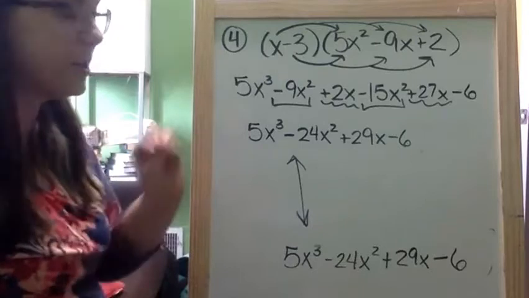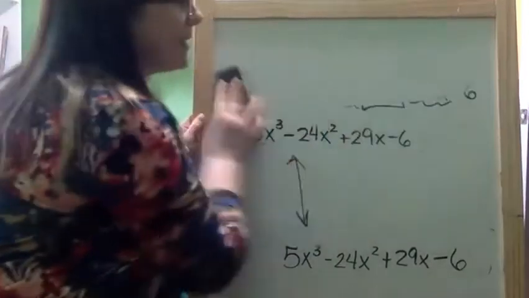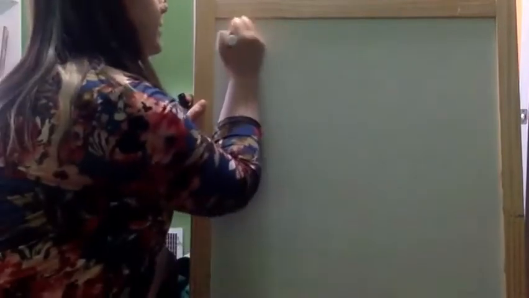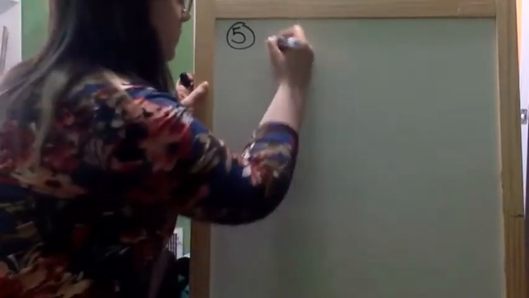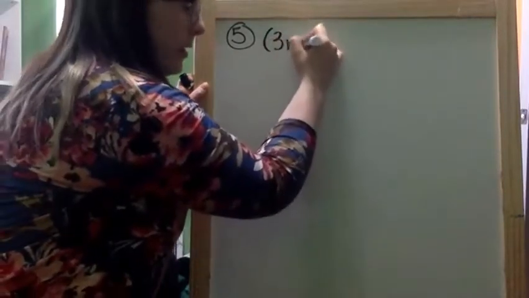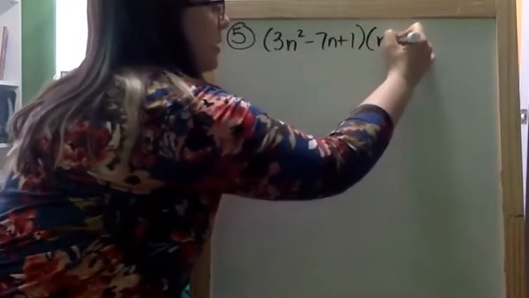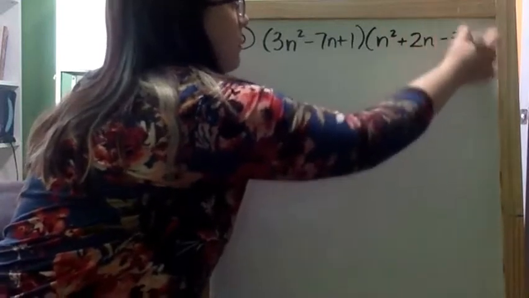So to just push ourselves a little bit further, here is one place where I would almost insist that you use the box method. And that's anything bigger than a binomial times a trinomial. So our last example is going to be a trinomial times a trinomial. So we have 3n squared minus 7n plus 1 times n squared plus 2n minus 3.